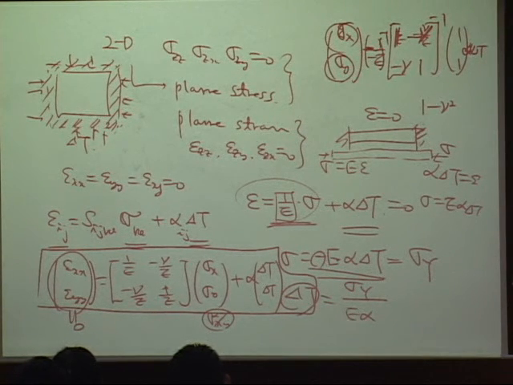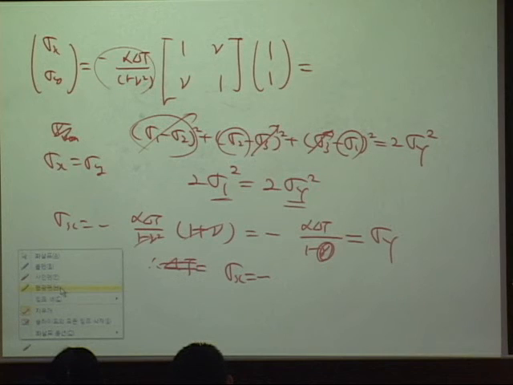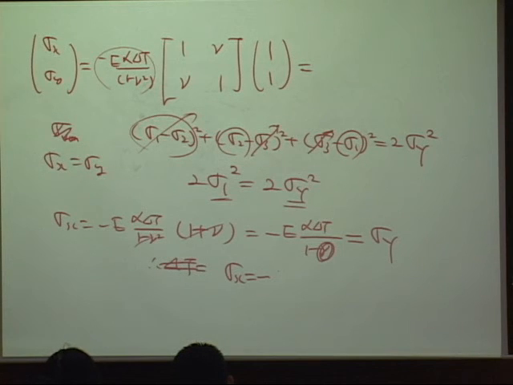See, here is 1 over E. 1 over E needs to be inversed. Sorry, this is not right. It should be E, and it should be E. So as you can see, E alpha delta T minus Poisson's ratio.